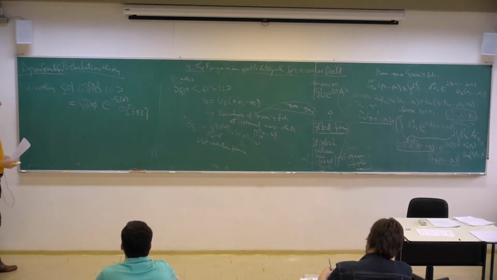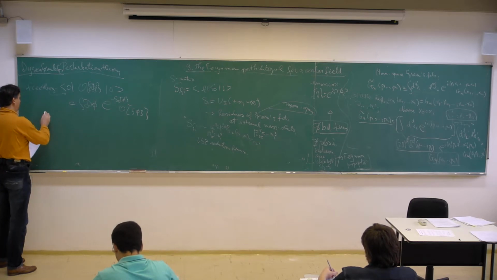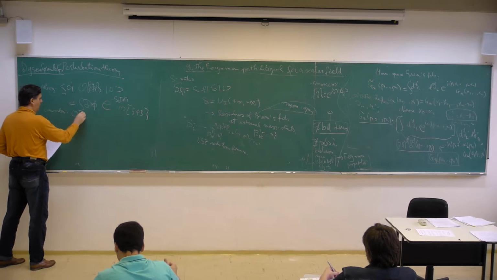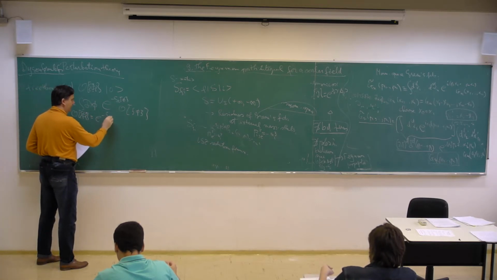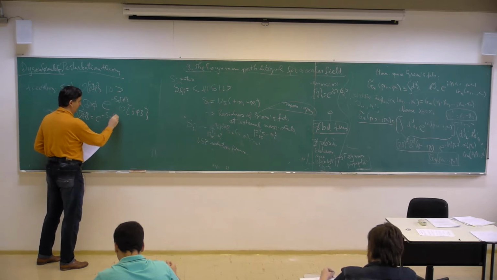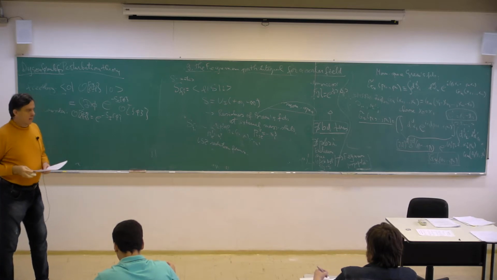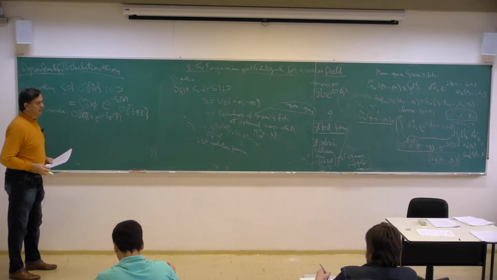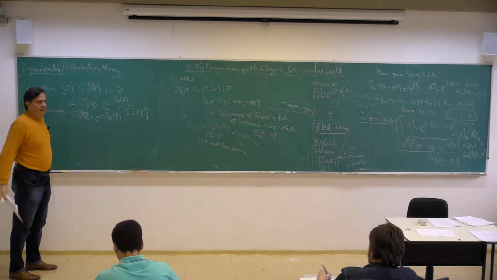Okay? But now, let me take the specific case. So consider the specific case where O of phi is just the minus interaction piece that depends on phi. So let's say we looked at an interaction of the type lambda phi to the fourth, right?